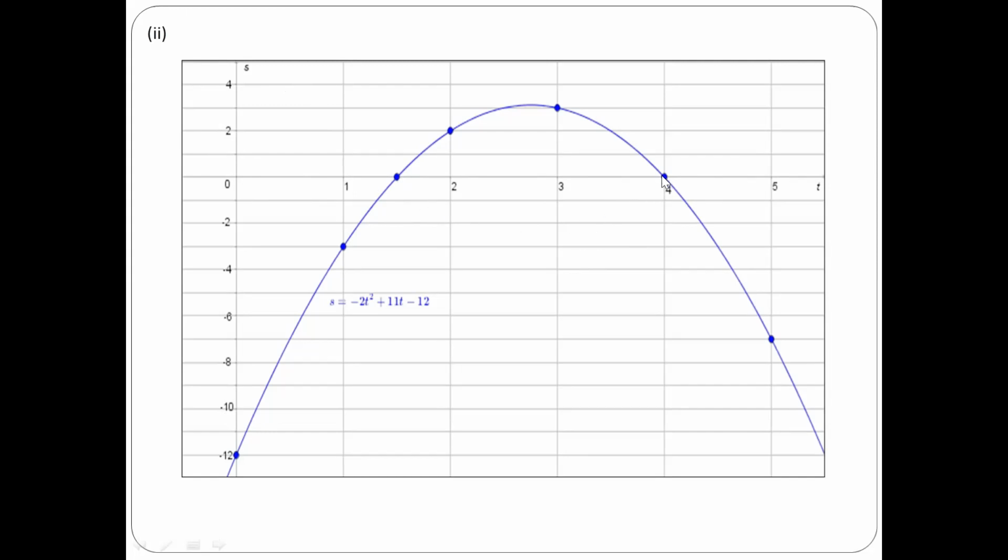It also cuts at 4. So the solution, therefore, from the graph, t is equal to 1,5 or 4 seconds when s is equal to 0. And if you look at these solutions, they are similar to the previous solution that we have determined. So this is a solution using the spatial visualization method.